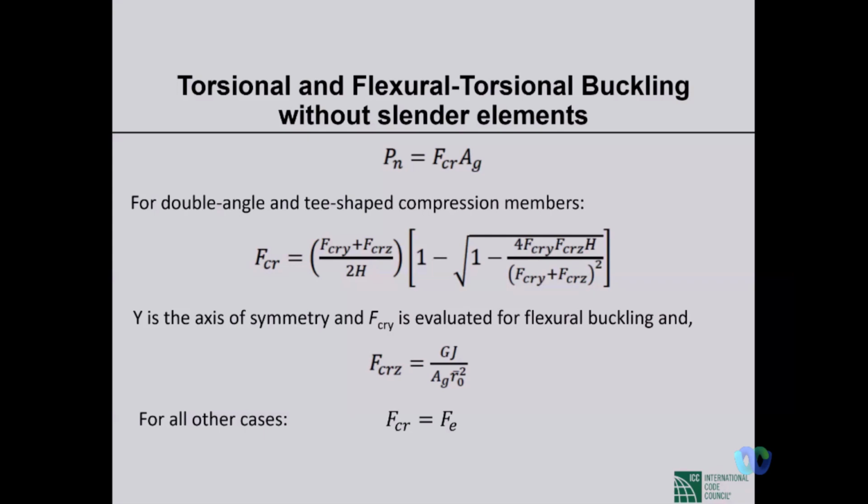One is that the members may have slender elements, that is b by t ratio or h by tw ratio more than lambda r, or they may not have slender elements, that is the b by t ratio, h by tw ratio may be less than lambda r. It doesn't mean that the section will be compact. No. To have a compact section, the width thickness ratios must be less than lambda p. And if the width thickness ratios are less than lambda r, we call them non-compact sections, but not slender elements.